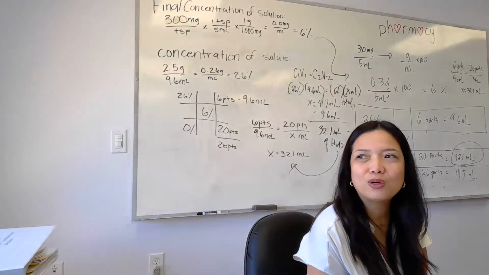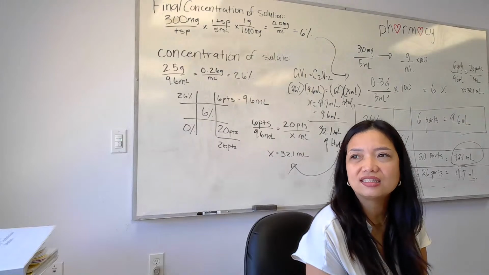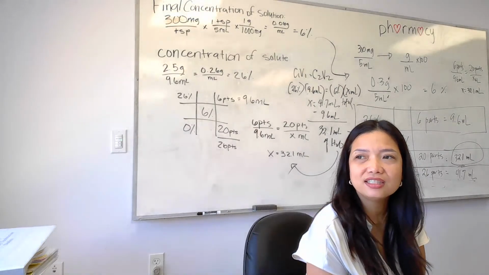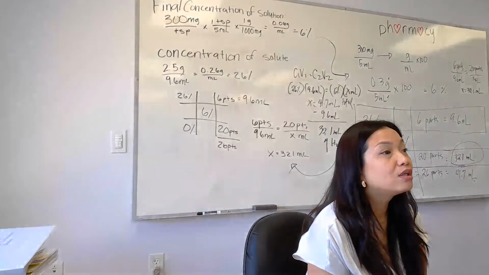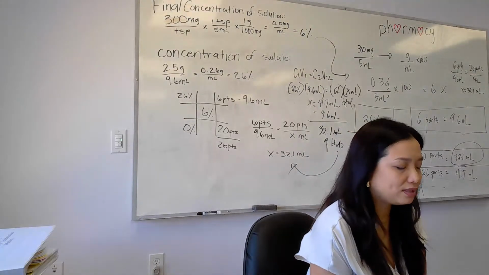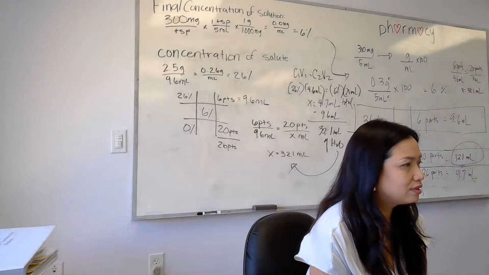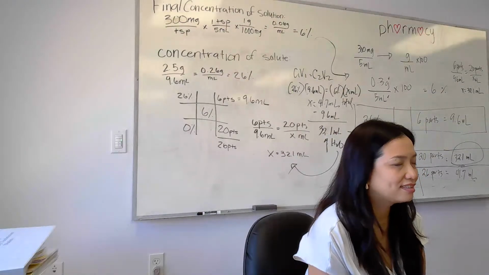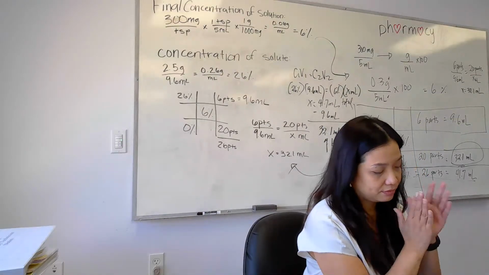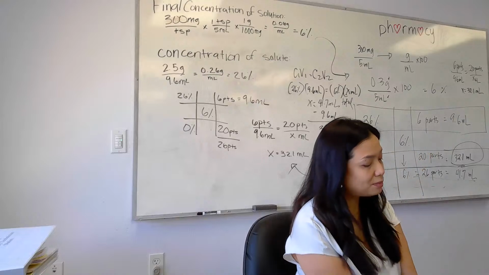QS stands for quantity sufficient in Latin. In English, quantity sufficient. You got to spell it right. Sufficient. S-U-F-F-I-C-I-E-N-T. Good job.